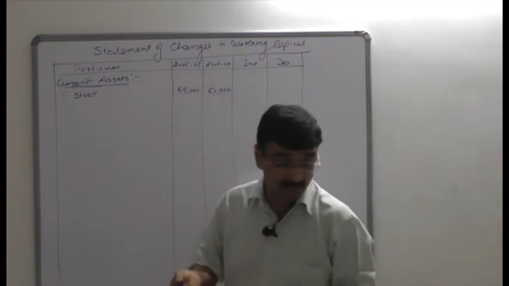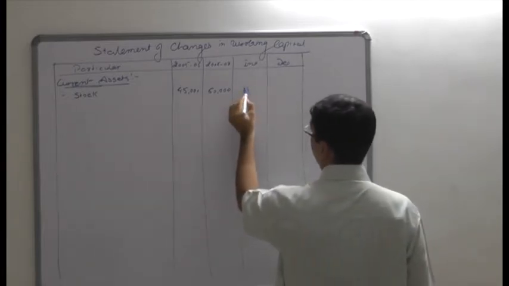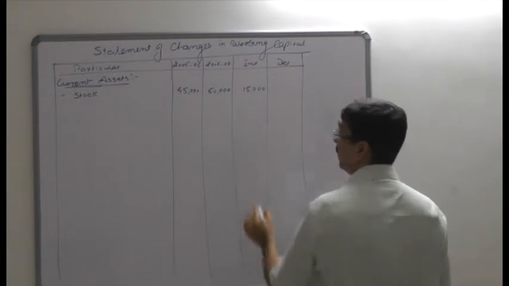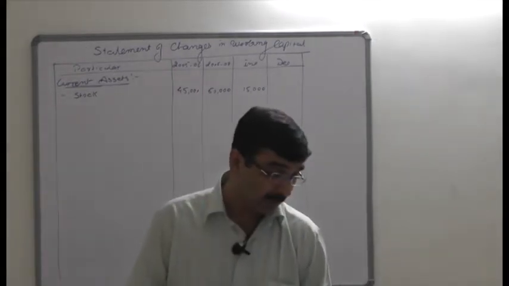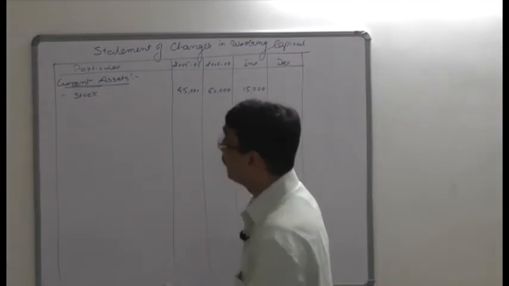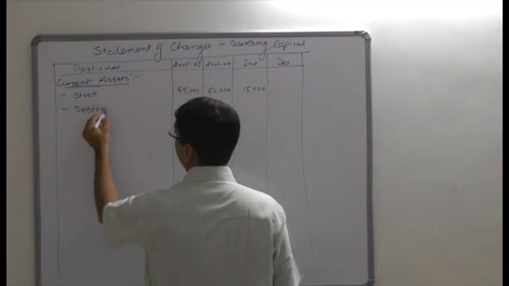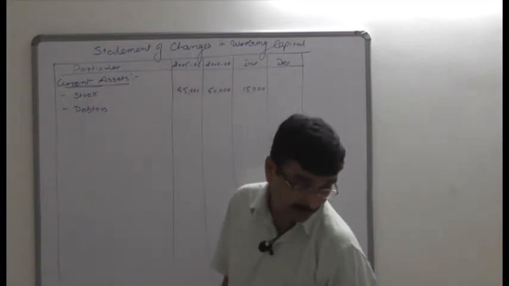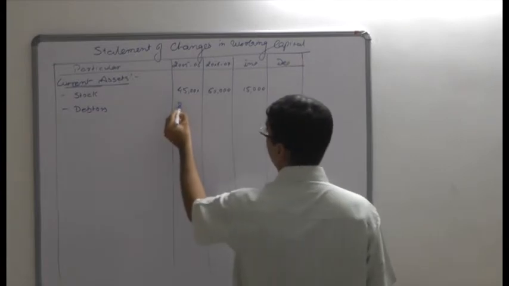So the formula is very clear. If the current year current asset is higher than the last year, it would be considered as an increase in working capital. Now see the next item, that is debtors. Here, the last year debtors are 37,000 and the current year is 42,000.